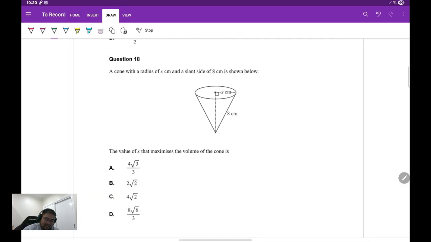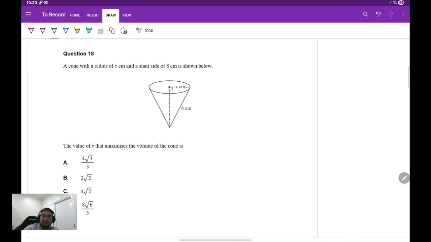All right, question 18. Now, this hopefully is in your formula sheet. The volume of a cone is given by 1/3 pi r squared times h. So if we've got pi r squared times h, we need to consider what this height is, that height there in green.